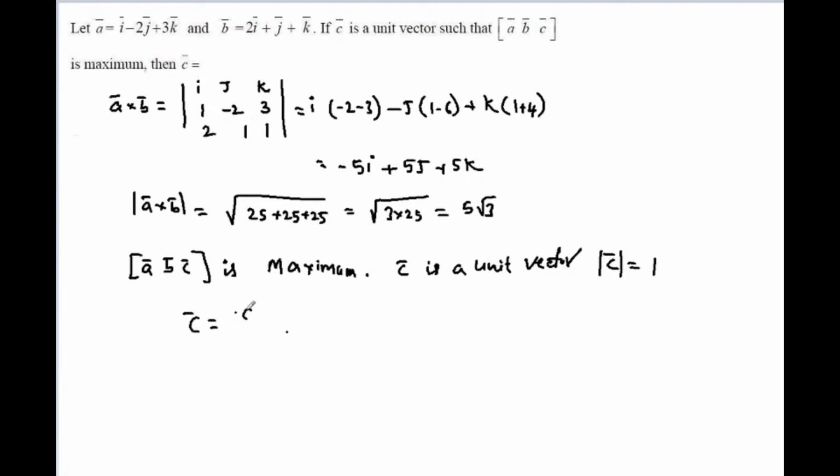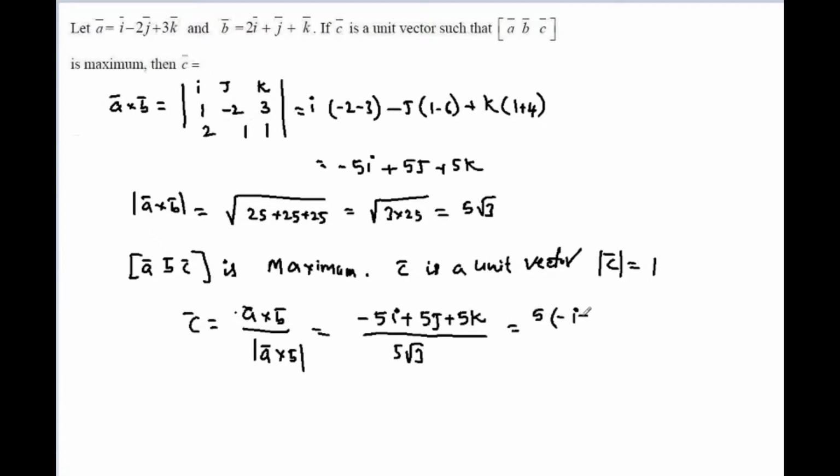Therefore C bar is equal to A bar cross B bar by modulus of A bar cross B bar, that is minus 5i plus 5j plus 5k by 5 root 3. Take 5 common, that is minus I plus j plus k by 5 root 3. Here 5 cancels, and C bar is equal to minus I plus j plus k by root 3.